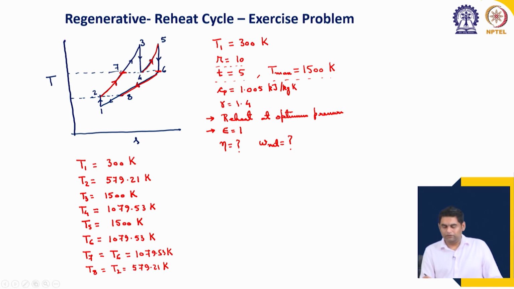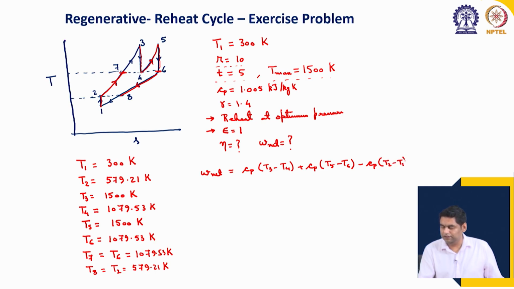So, now the net work output, which we know should be equal to the first work output plus the second work output minus the compressor input. So, Cp (T3 minus T4) plus Cp (T5 minus T6) minus Cp (T2 minus T1).